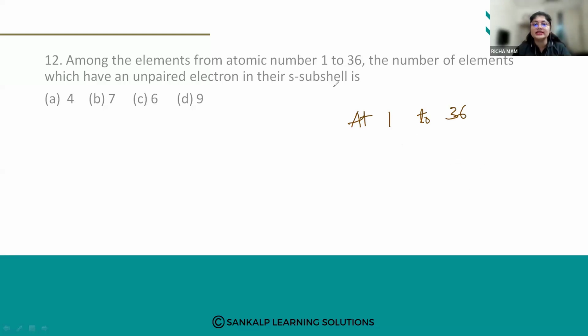The options are A 4, B 7, C 6 and D 9. When you write the electronic configuration for all the elements from 1 to 36, there are 6 elements which have an unpaired electron in their s subshell.